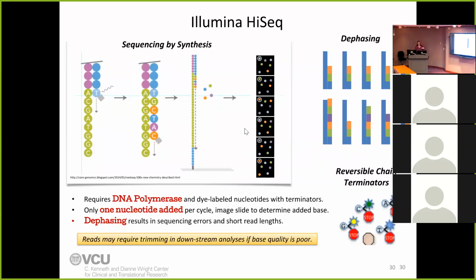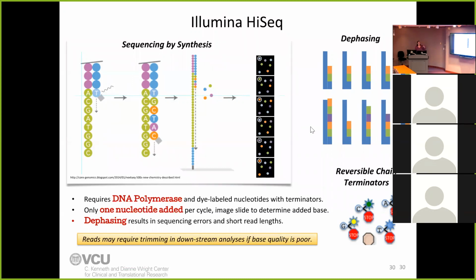The one thing to realize with this type of sequencing is the concept of dephasing. For each run, a nucleotide may or may not get added to all of your hundreds of fragments that are in one particular spot. Not all of them will have a nucleotide added.